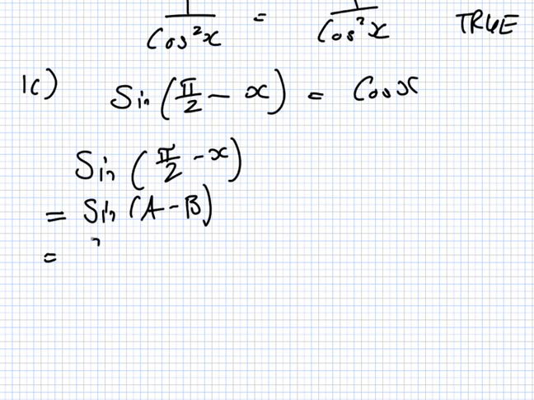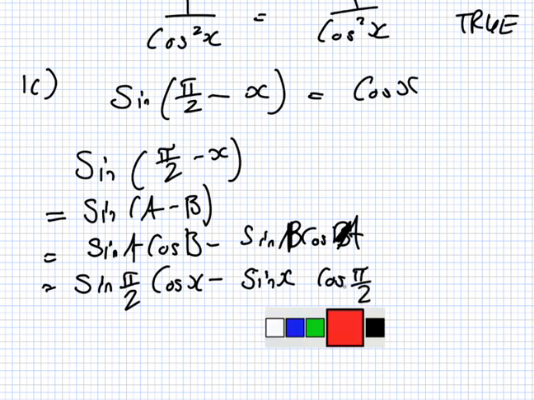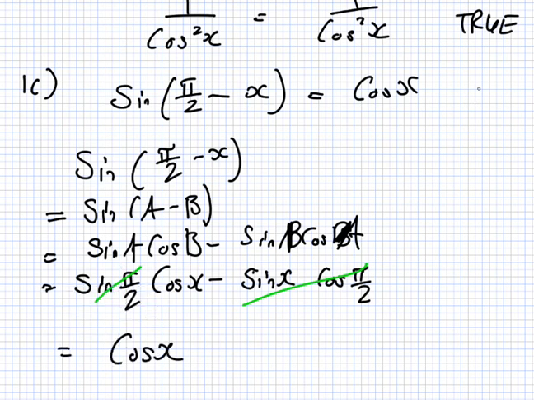So that's just sine a cos b minus cos a sine b, or in other words, sine pi over 2 cos x minus sine x cos pi over 2. But cos pi over 2 is 0, so that's gone. And sine pi over 2 is 1, so that's gone. So you're left with equals cos x, which is what you wanted.